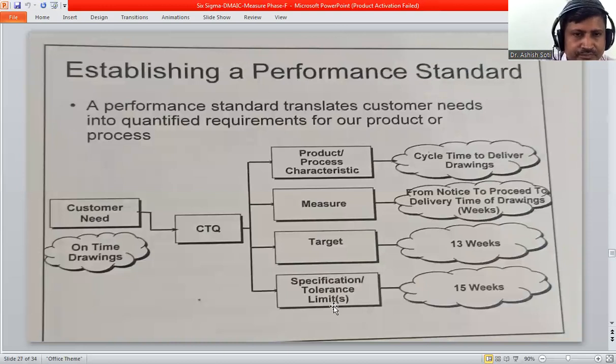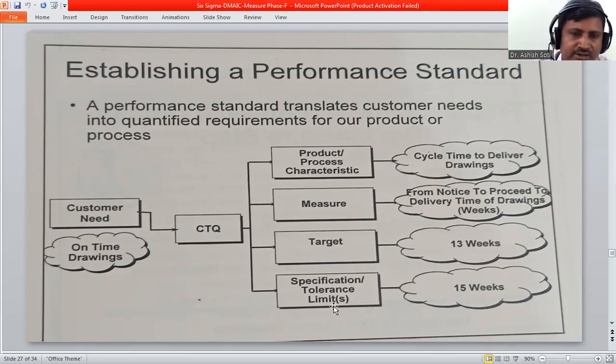Customer need, we convert into CTQ, then for the CTQ we see what is the product characteristic, how we are going to measure it, what is going to be the target value, and what is going to be the specification limit. So cycle time to deliver a drawing, for example, from notice to the proceeding of the delivery of the drawing, we have to measure it in weeks.